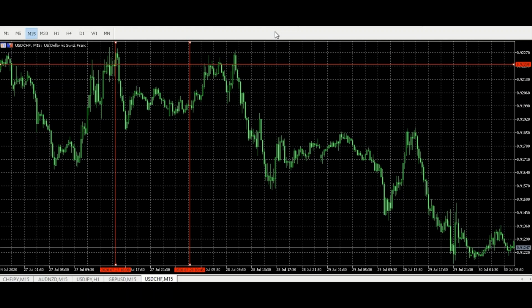But as I said, the corrections here are very, very moderate. So if the fourth wave comes, it should never come back to the top of the first wave. This is one of the 3 main rules of Elliott wave.